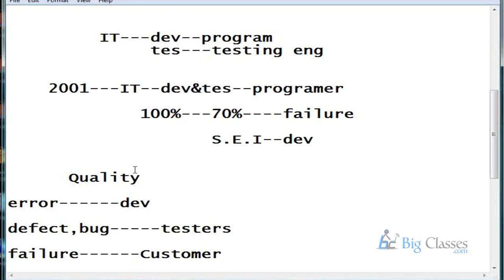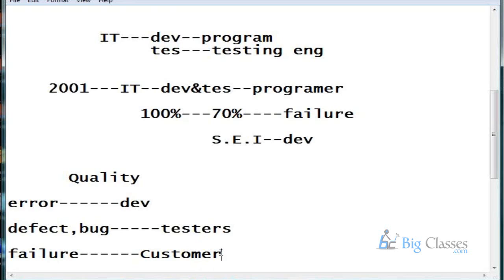Understand this one? Shall I explain once again? The error is a mistake by the developer when they write the program.